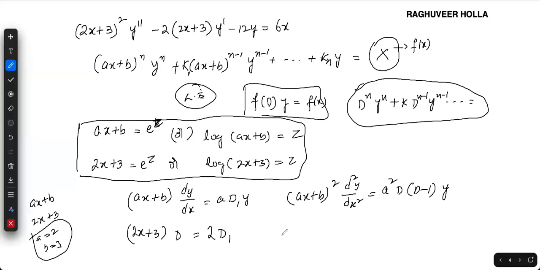And here we have (2x+3) whole squared d squared y, which is a squared, that is 2 squared, D1(D1-1) into y. So let us substitute that in the given equation.